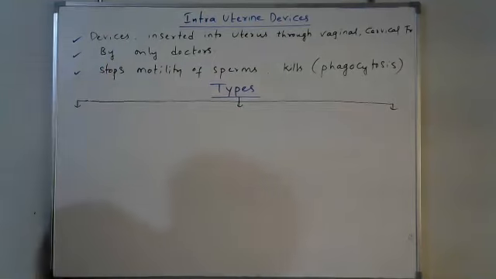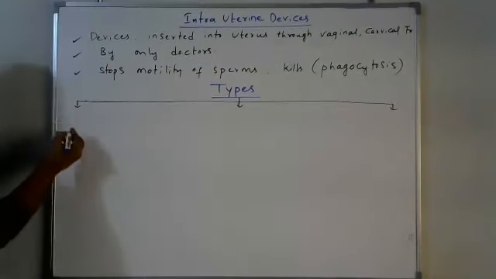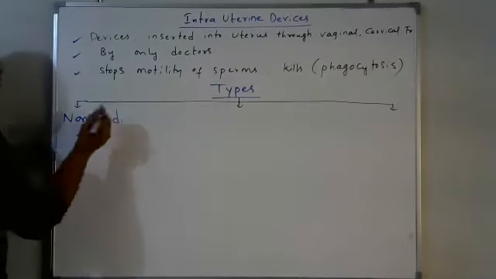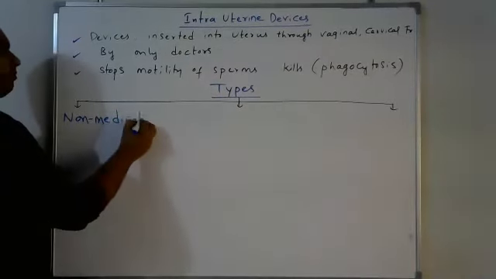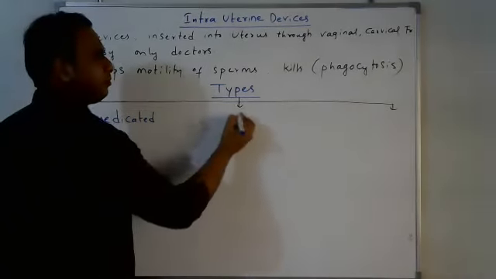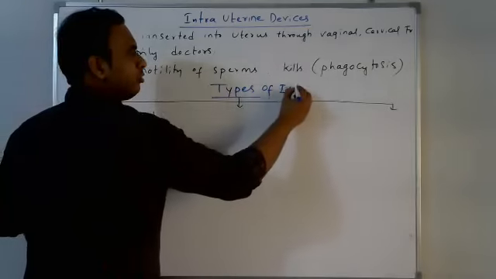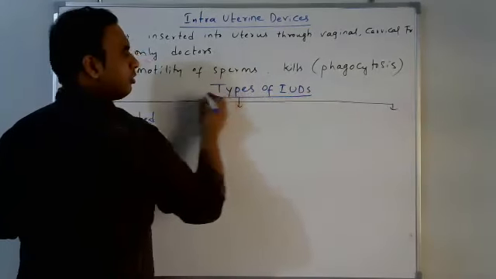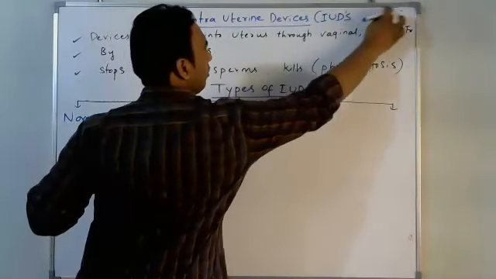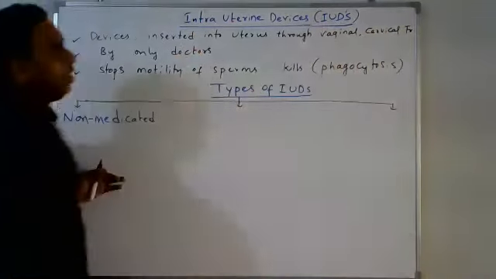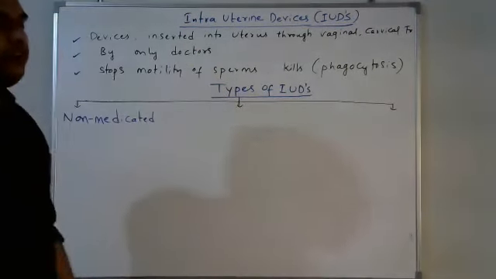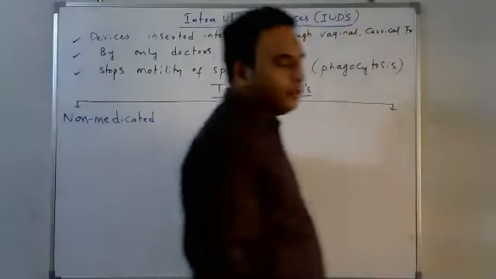There are three types of IUDs. First, non-medicated IUDs.